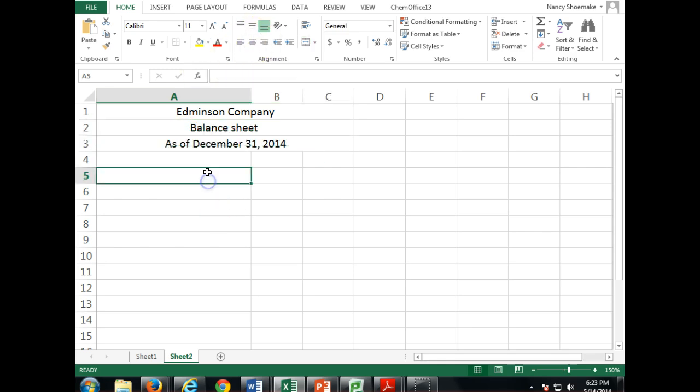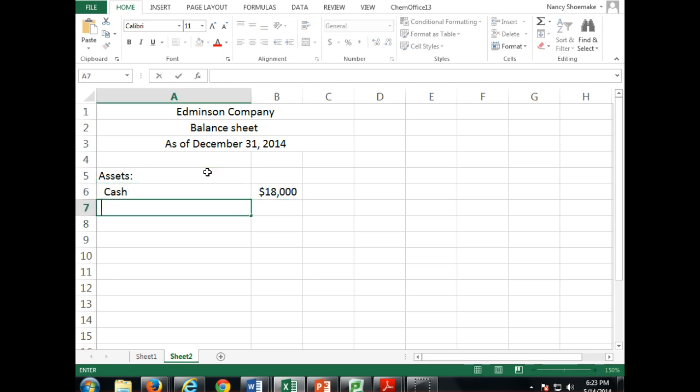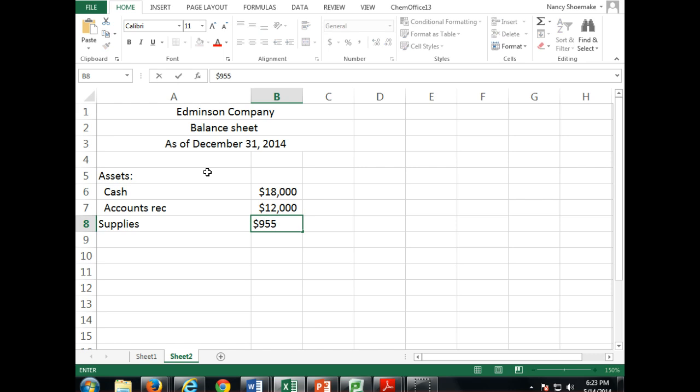Okay, so when we start with assets, we always start with our current assets or cash. Our cash is $18,000. Our accounts receivable is $12,000. Our supplies are how much? $9,500.